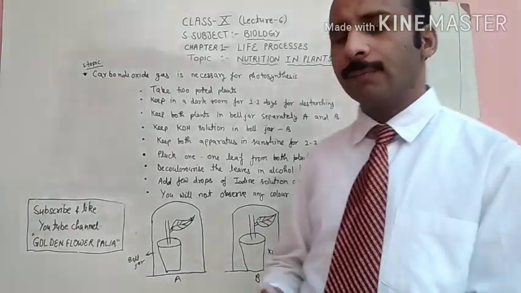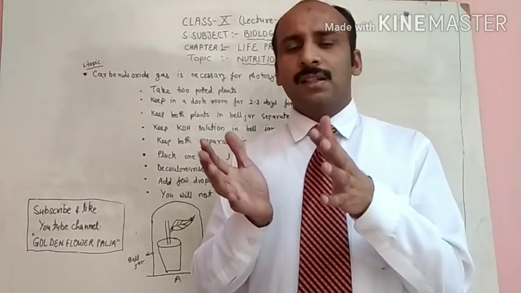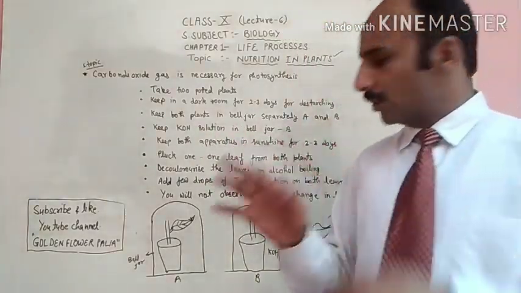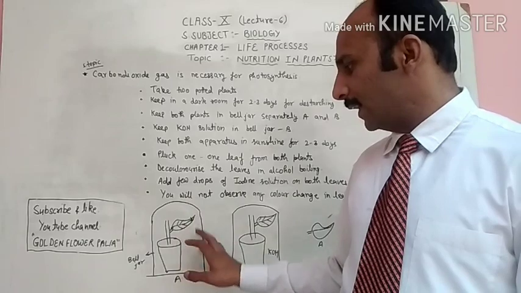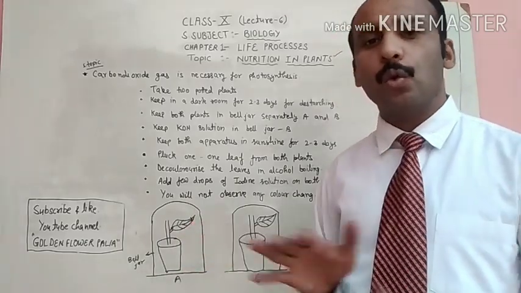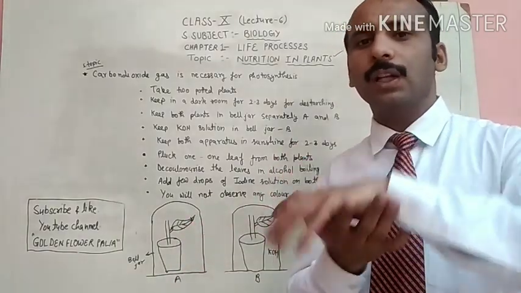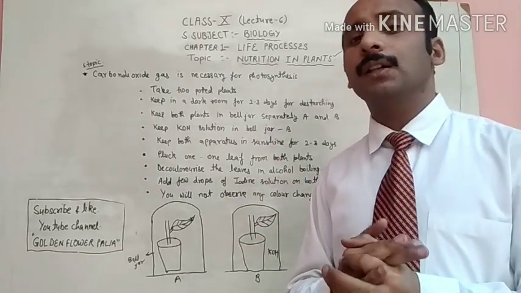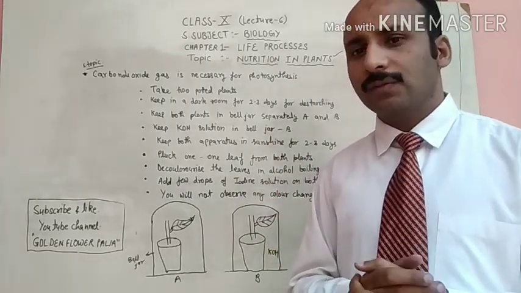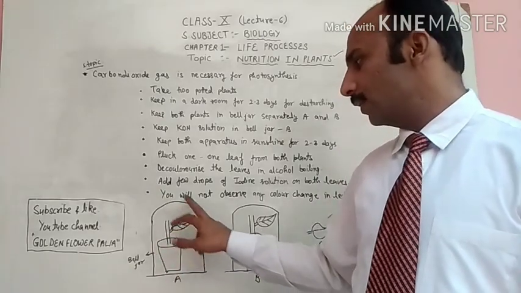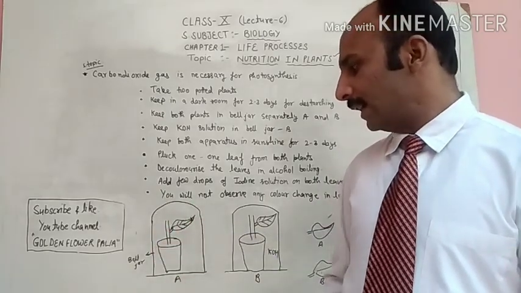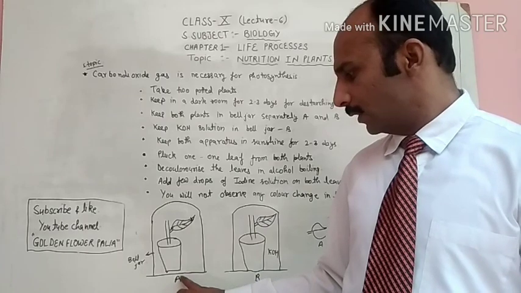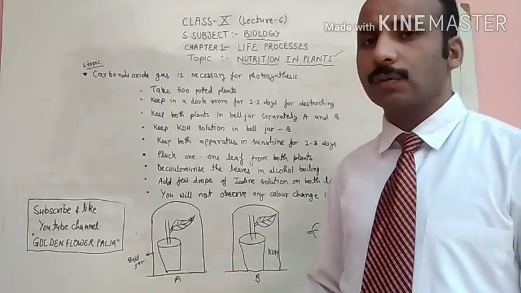What is a bell jar? A bell jar is a glass apparatus which is rounded from the upper side and open from the lower side. It is a circular, hollow glass apparatus, rounded from above and open from the downside.